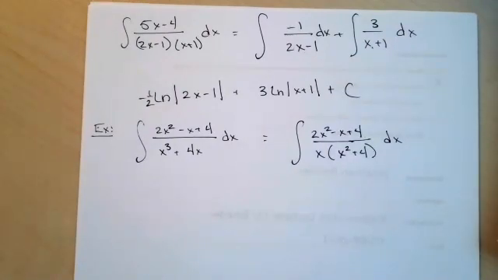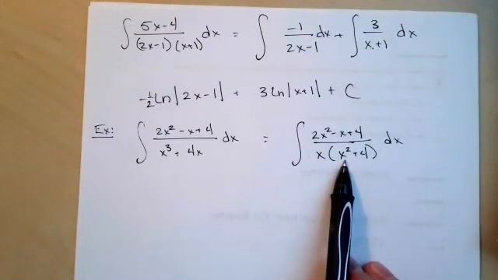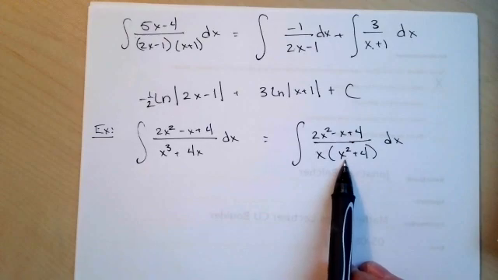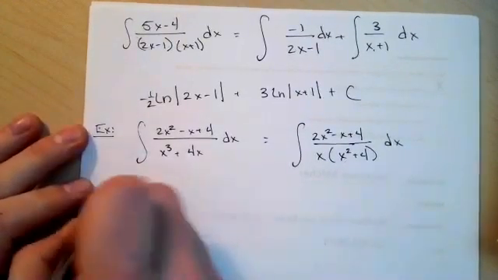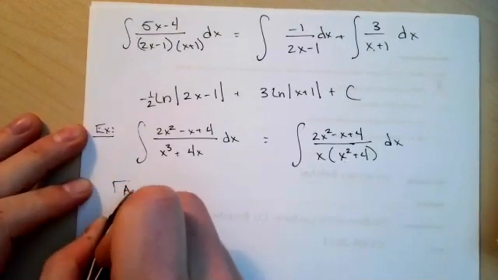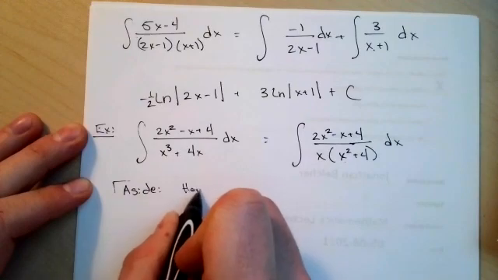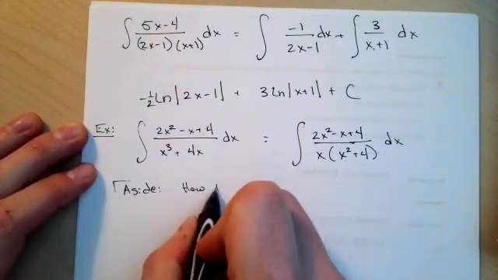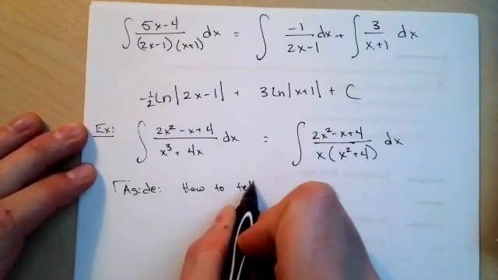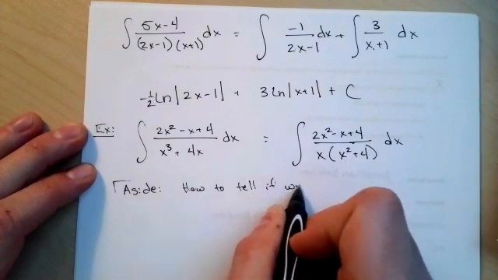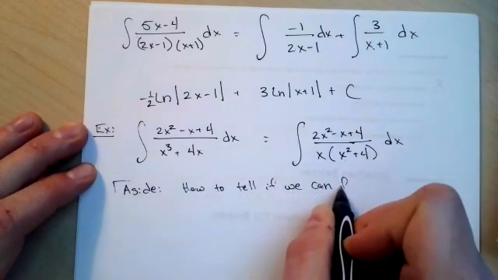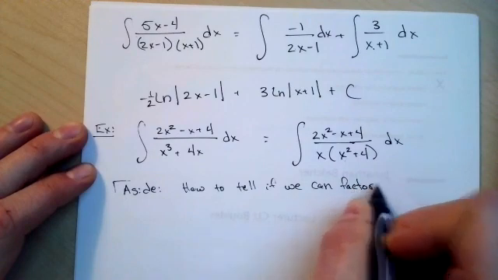But we factored our denominator once. And now the question is, can we factor this guy? So let's do a little aside here, just to remember some pre-calc, how to tell if we can factor a quadratic.